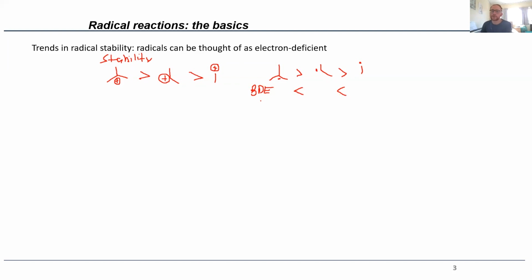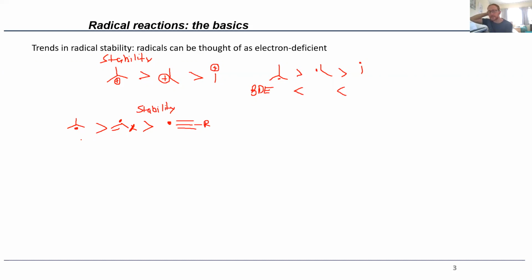But another trend is also going to hold for hybridization. And so we'll say, for example, that in terms of stability, the alkynyl radical, sorry, actually this is in the opposite order, is less stable than the alkenyl radical, which is less stable than the alkyl radical.